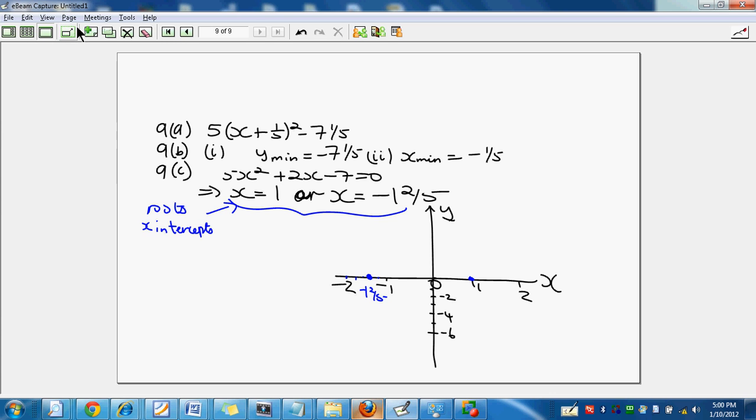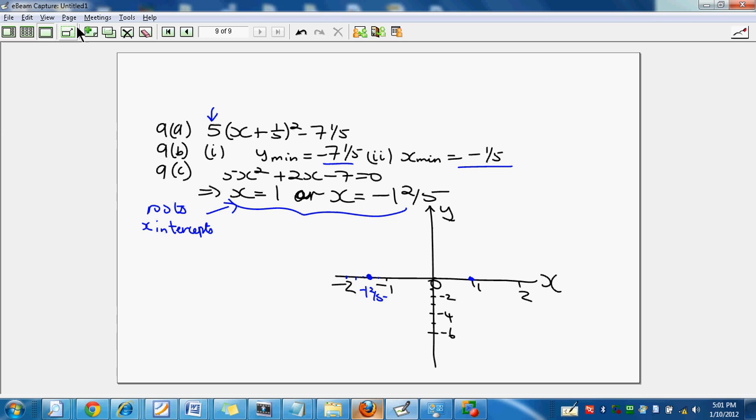So we know that these are the roots of the equation and the curve is going to cut the x-axis there. We also know that because a is 5, when we looked at this it was 5x squared plus 2x minus 7, a is 5, it means that since a is positive, you're going to have a minimum point. So this has a minimum point, and we also know the value of what the minimum point is. The minimum point is where x is equal to minus 1/5.